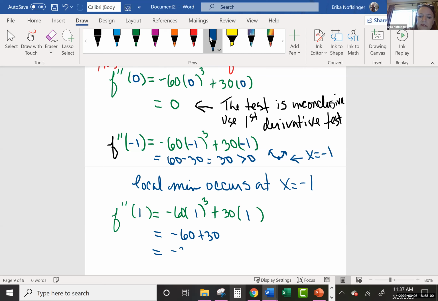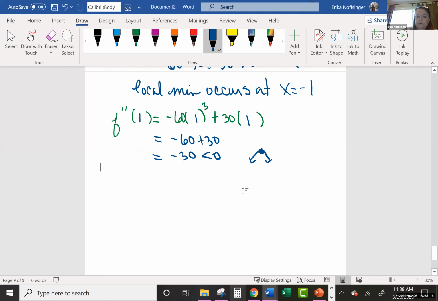So this is negative 30, which is less than 0. That tells me the concavity is this way, so we have a minimum, I'm sorry, a max. You have a local max at x equals 1.